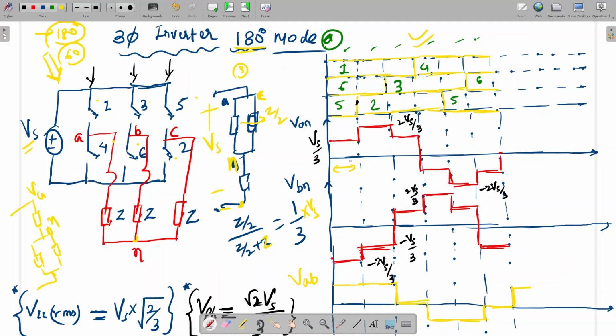VAN here will be 2 Vs by 3. How? Because Z divided by Z by 2 plus Z will be 2 by 3. Is it clear? Similarly, for all cases, we can apply the voltage division rule and we will get this kind of phase voltage VAN waveform.